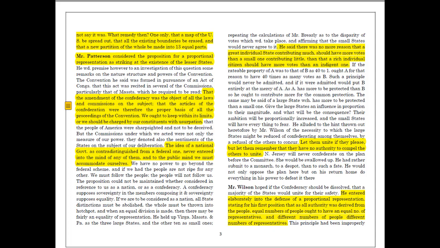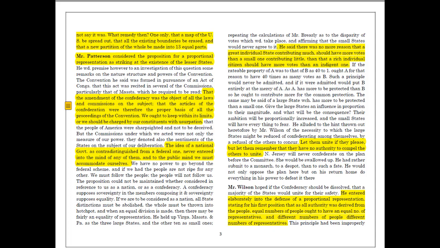Now, James Wilson of Pennsylvania is going to give the initial response on behalf of the advocates for a more equitable ratio of representation. And in so doing, he's going to illustrate how difficult a problem this is, because he is simply enunciating what seems like the most basic and a consensus principle of the revolution.